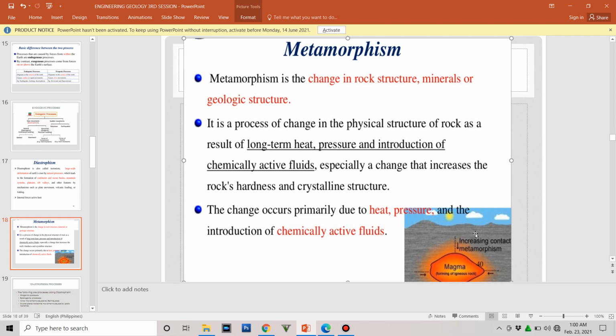So the change occurs primarily due to heat, pressure, and the introduction of chemically active fluids. So alam naman natin the main feature of metamorphism is actually the high temperature.